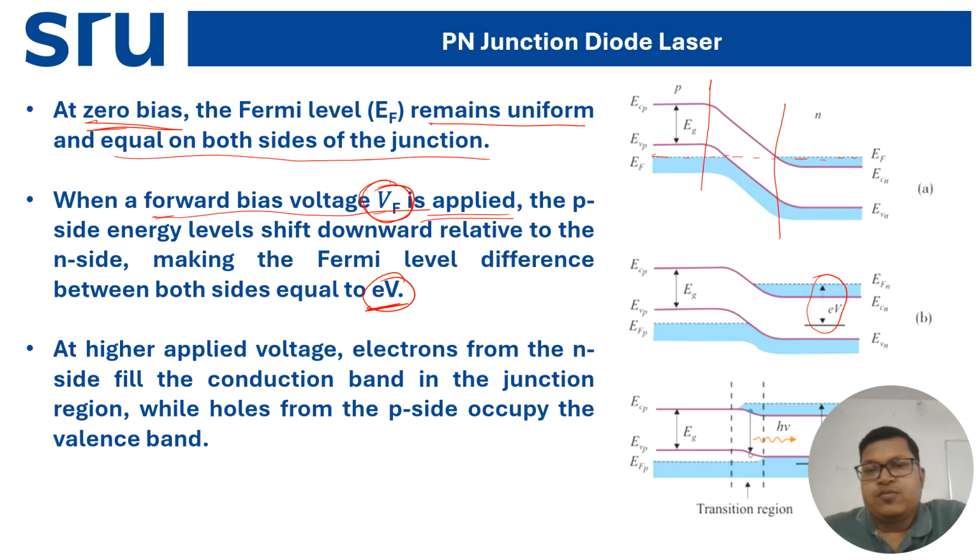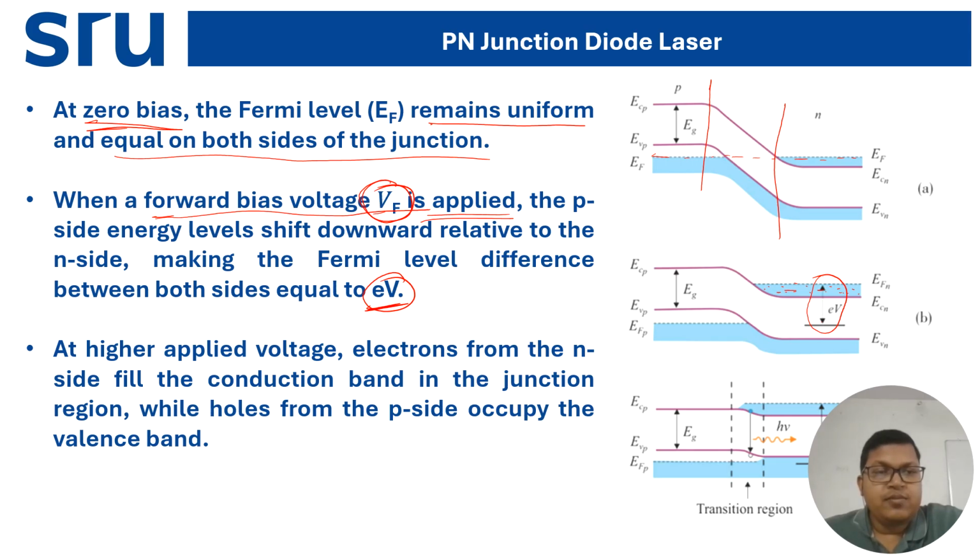So eV amount of energy has been put into the region so that the Fermi level of the N side goes up by this amount, or in other words, the Fermi level of the P side goes down by this amount. Now you can see this region is the Fermi level region. Earlier it was very much lower. So this is the condition when you apply forward bias.